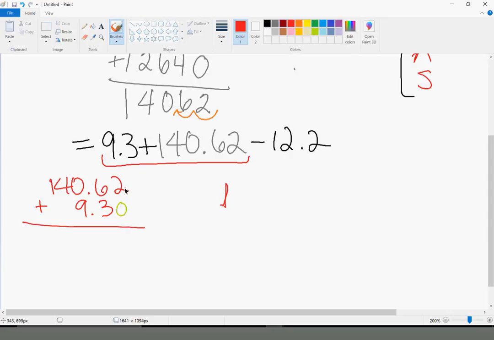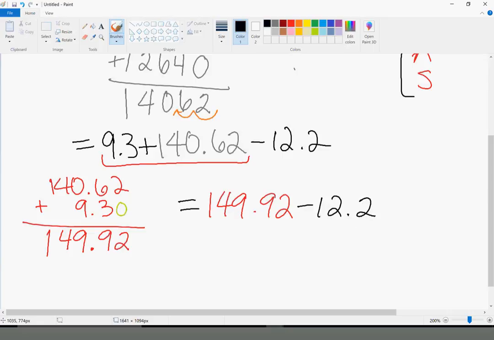Okay, so I'm going to add vertically. 2 plus 0 is 2. 6 plus 3 is 9. Drop the decimal. 0 plus 9 is 9. Then bring down the 4 and bring down the 1. So this is going to be 149.92 minus 12.2.